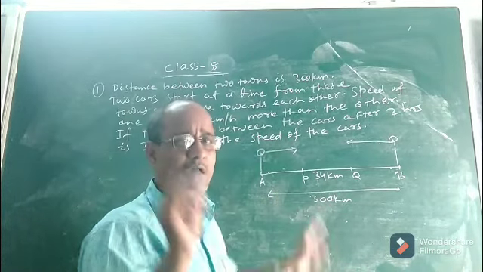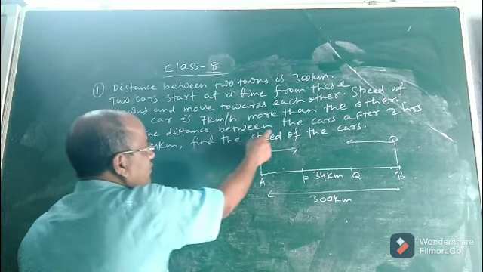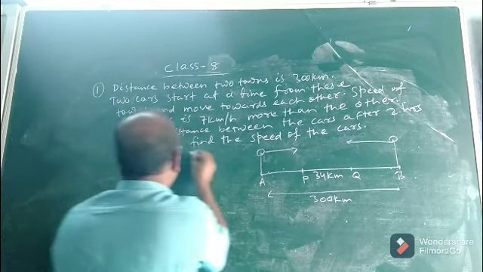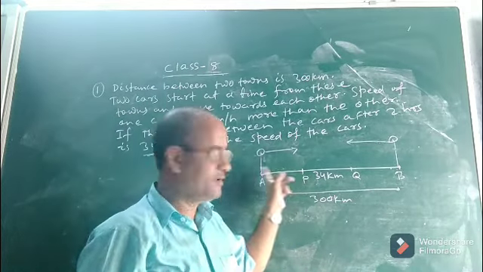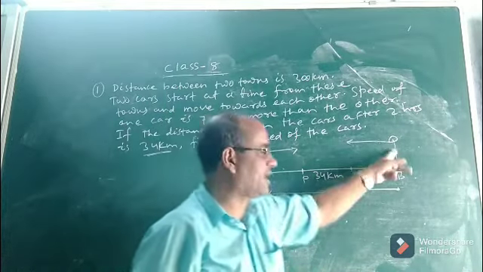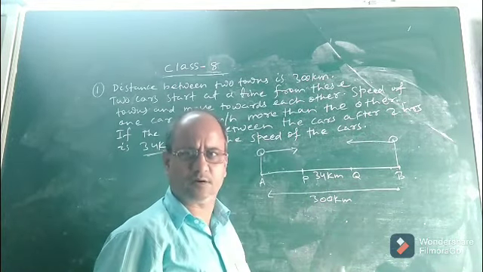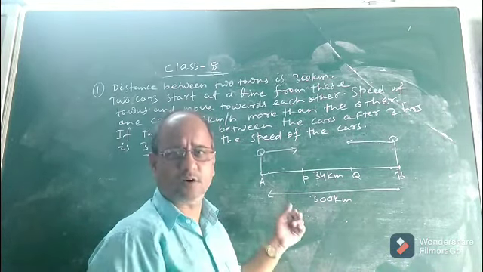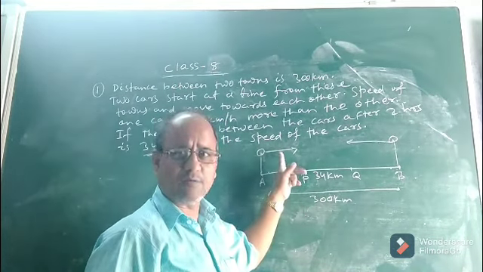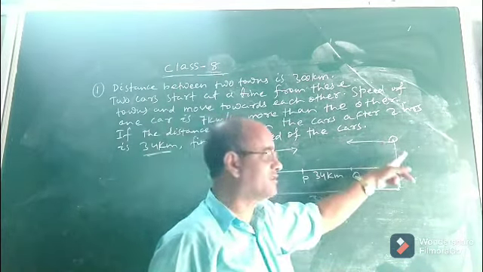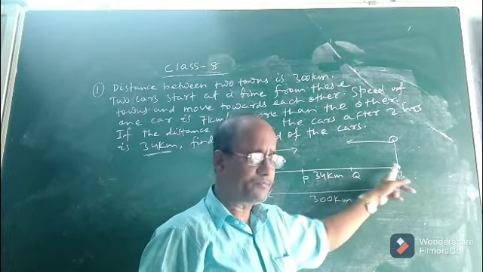Then after 2 hours, what is the question? After 2 hours, the distance between the two cars is 34 km. Since both cars are moving, they must cover some distance after 2 hours. What is the distance covered by this car after 2 hours, and by the car which leaves town B?